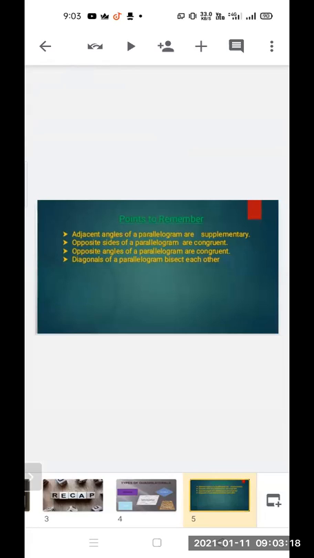So if the opposite angles are congruent in a quadrilateral, then we can say that the given quadrilateral is a parallelogram. For example, if a quadrilateral ABCD is given, opposite to angle A will be angle C, and opposite to angle B is angle D. So angle A and angle C are a pair of opposite angles and they are congruent in a parallelogram.